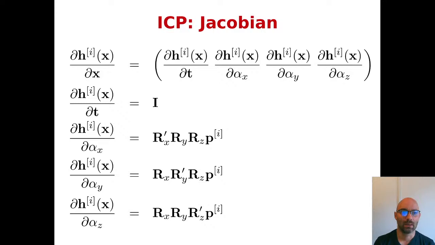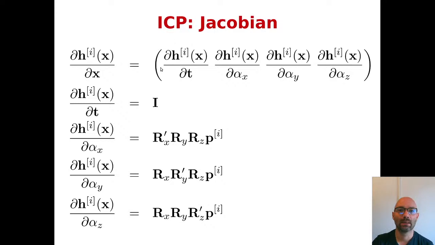Well, the first question is how big this Jacobian is. The answer is always that this Jacobian is as tall as the error function and as wide as the state, because the state is the variable with respect to which we are deriving, and we have one column for each element of x.